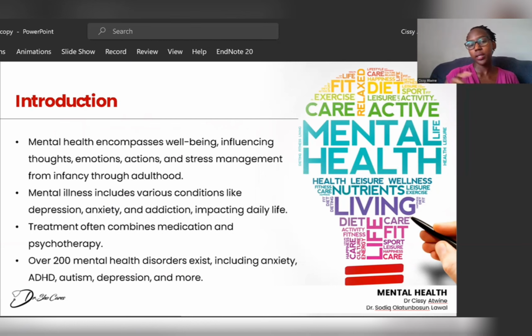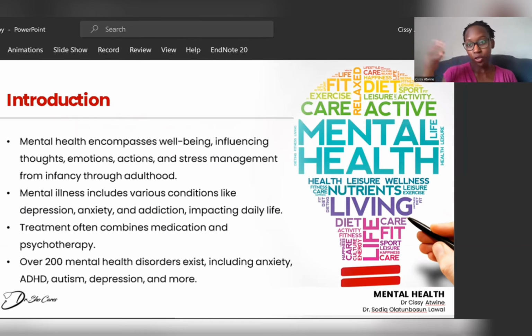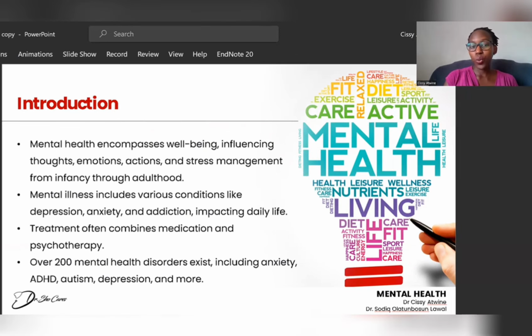Treatment usually involves a combination of medication and psychotherapy, as well as social factors, because in psychiatry, we tend to use a biopsychosocial model, which is the biology causing the mental health condition, the psychology, that is the thoughts and your cognition and the way you look at things, and also the social factors are really important. Over 200 mental health disorders exist, including anxiety, depression, autism, ADHD, schizophrenia, and many others.